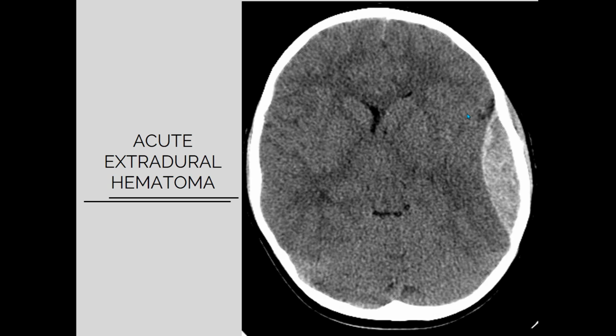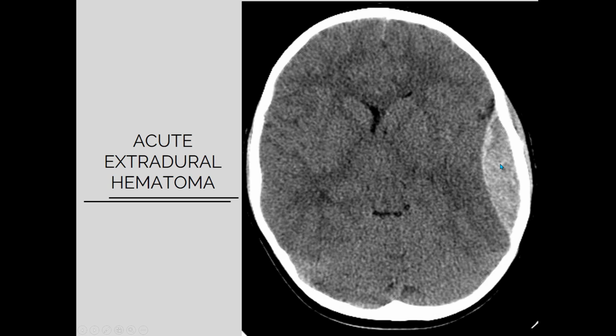Okay, this is very frequently used in exams, and in this case you can see that there is a defect here. This is lens shaped. And this is hyperdense. Why is this hyperdense?